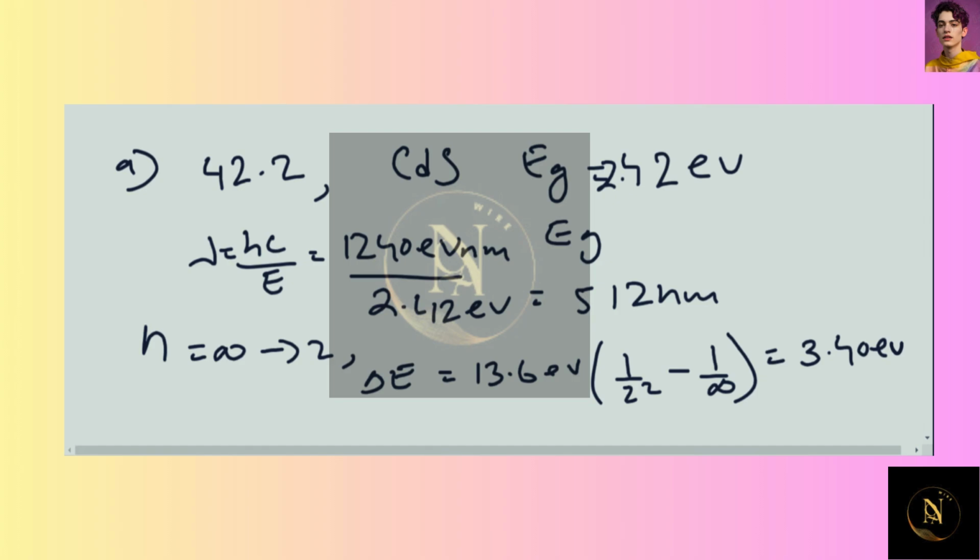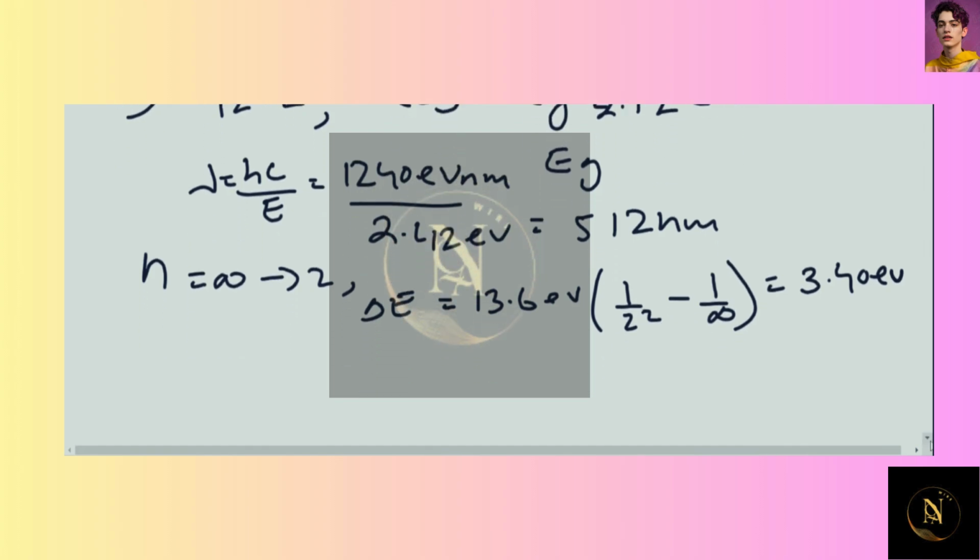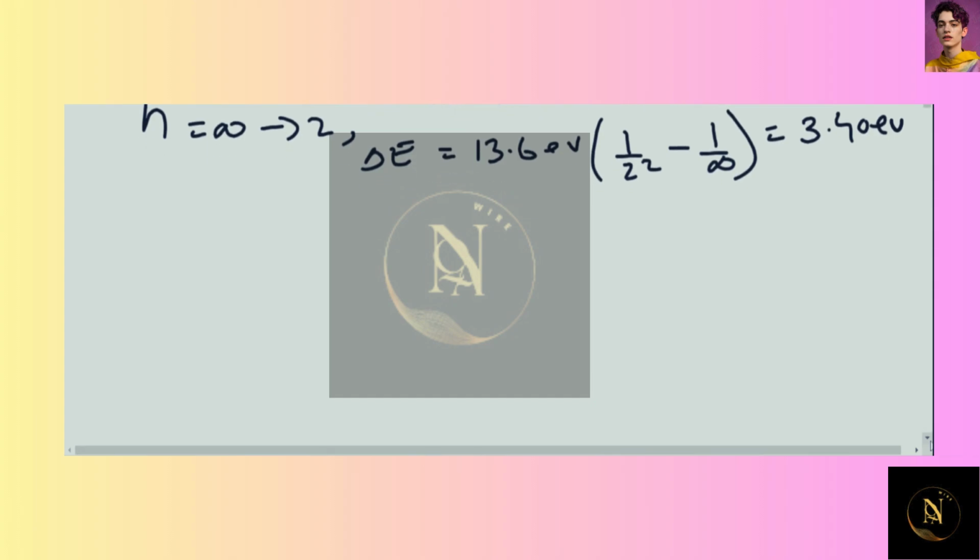The wavelength corresponding to this energy, using the equation that we wrote earlier, is lambda equal to 365 nanometer.